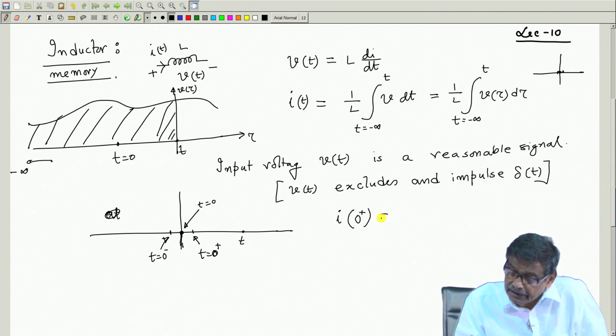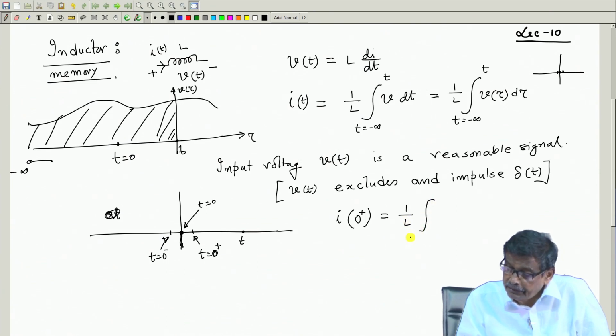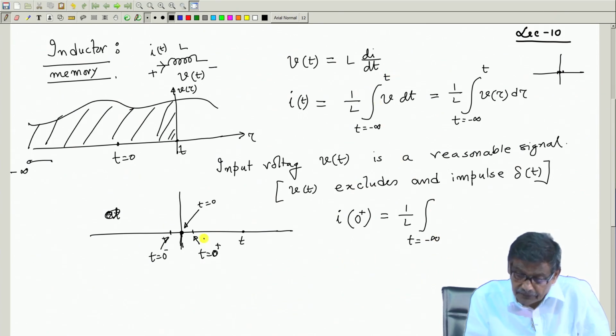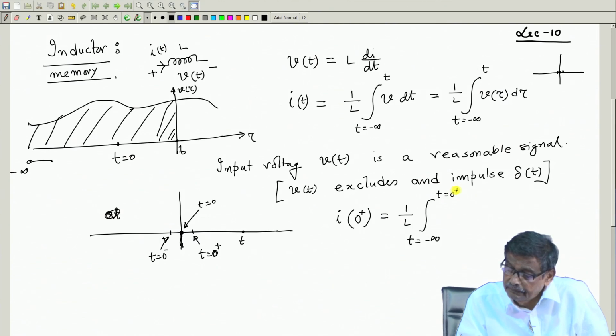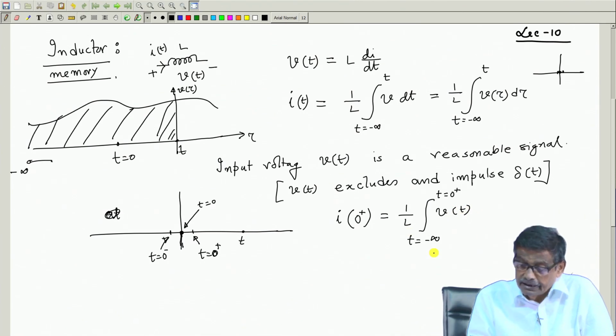I should write this as equal to 1 by L, integral from t equal to minus infinity, with the upper limit now 0 plus, of V dt. This is what I have to do to find out the current at t equal to 0 plus. At t equal to 0, something happens to the circuit. I have applied a voltage, some change has occurred. So, this must be true.